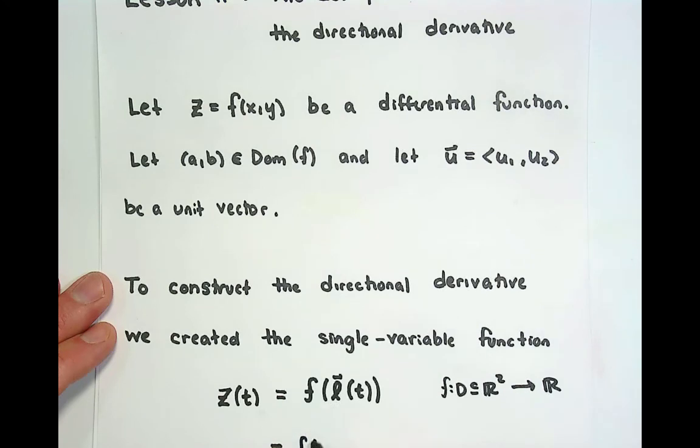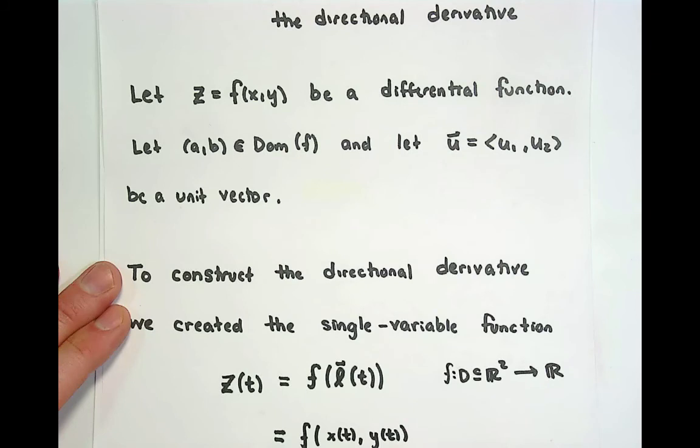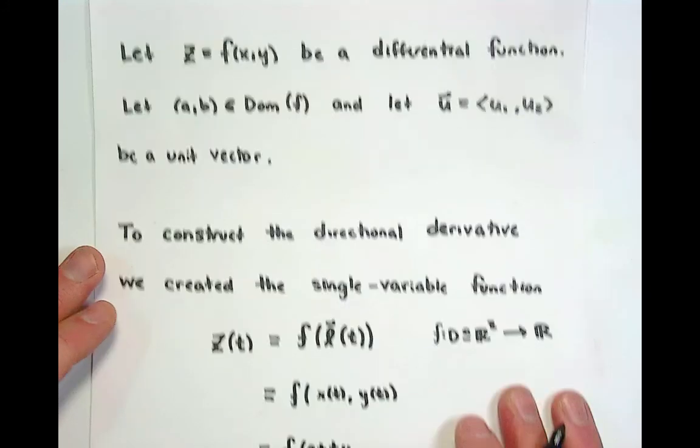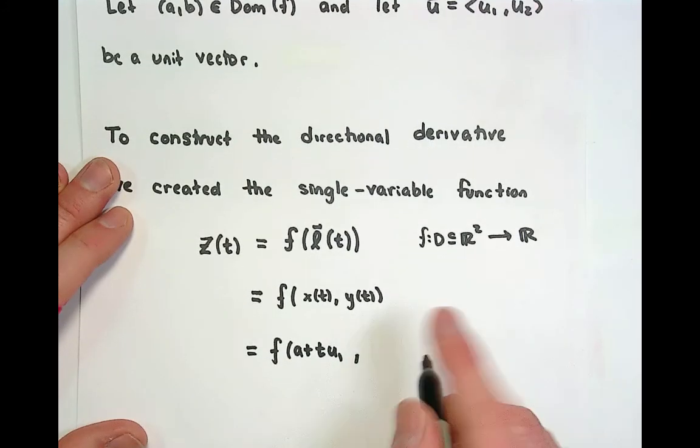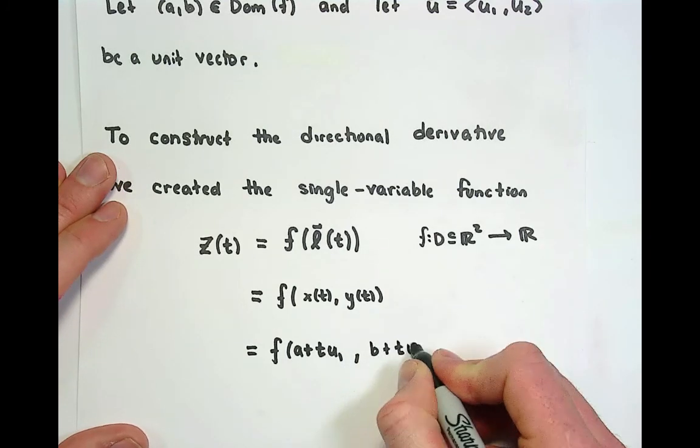And we said that L of t, in this case we're calling the parameter t, was given by x of t, y of t. And each of these were points along a parameterized line passing through the point a b in the direction of u1 comma u2. So this would be b plus t u2.